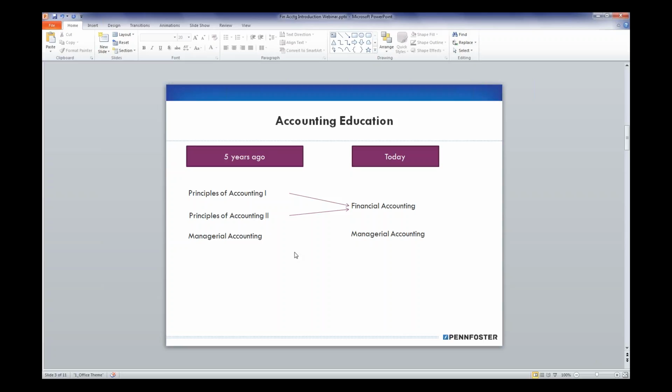And the problem with that is that the authors had written textbooks with only one chapter that explained bookkeeping. Basically, here's the definition of a debit, credit, normal balance, asset, liability, and then they jumped right into the financial accounting aspect of it. And the problem with that is that students don't learn the underlying concepts.